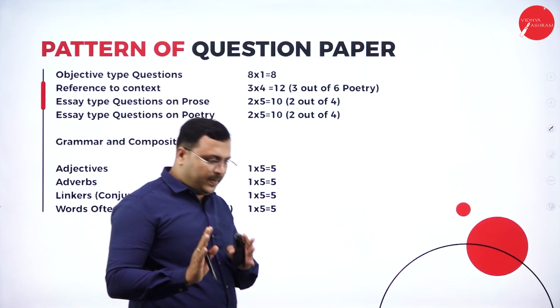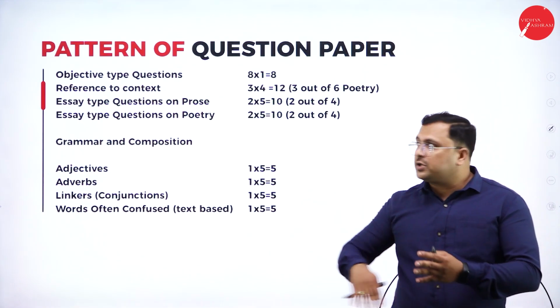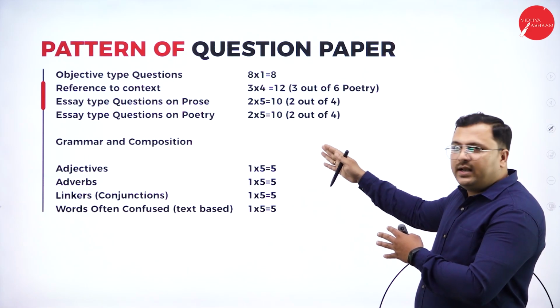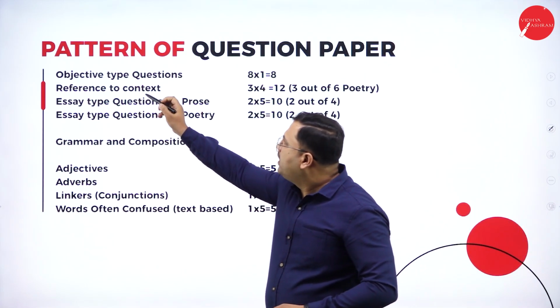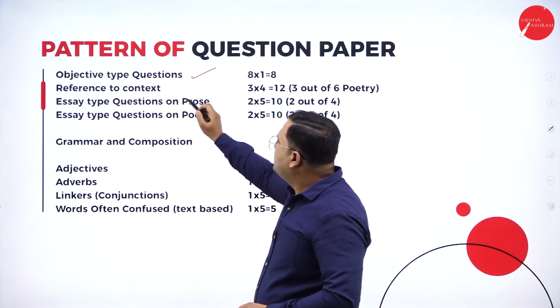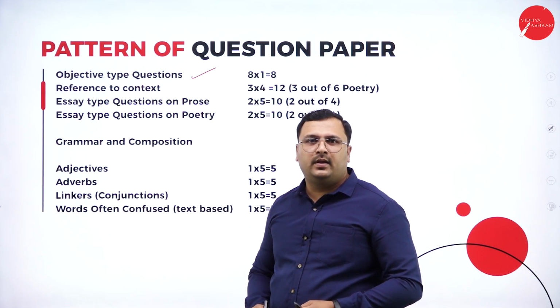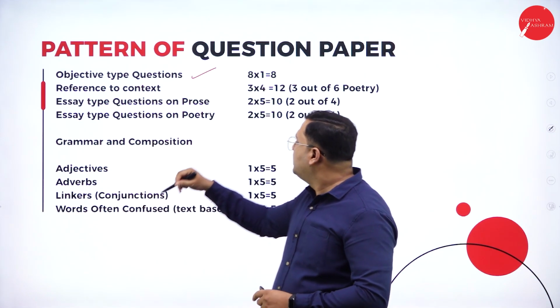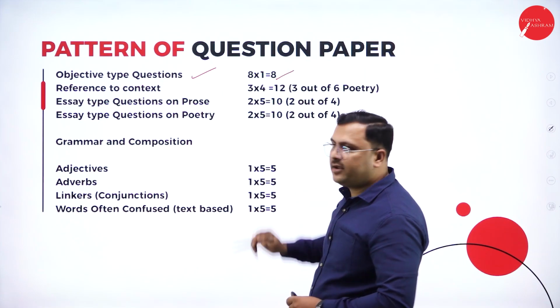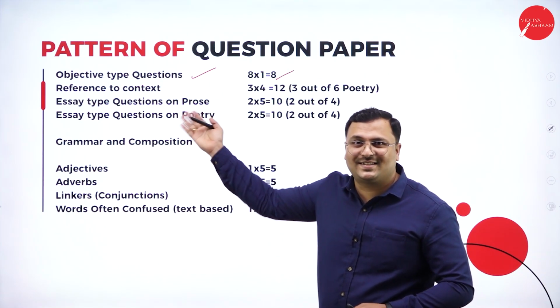We will see the question paper pattern. In the previous semester also you had the same pattern, but let me explain it again. You will have objective type questions, with choices. You may get 12 questions. Out of 12 you have to answer at least 8 to get full marks.